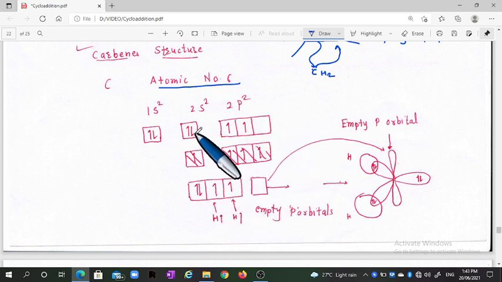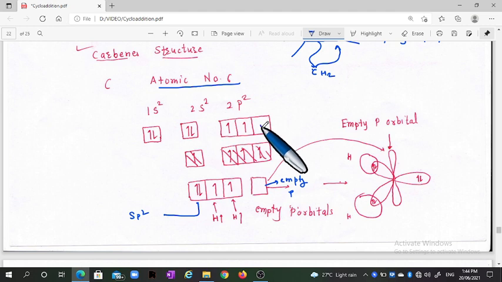By combination of the s and these 2p orbitals, we obtain the sp2 hybridized orbitals, and this is the empty p orbital.